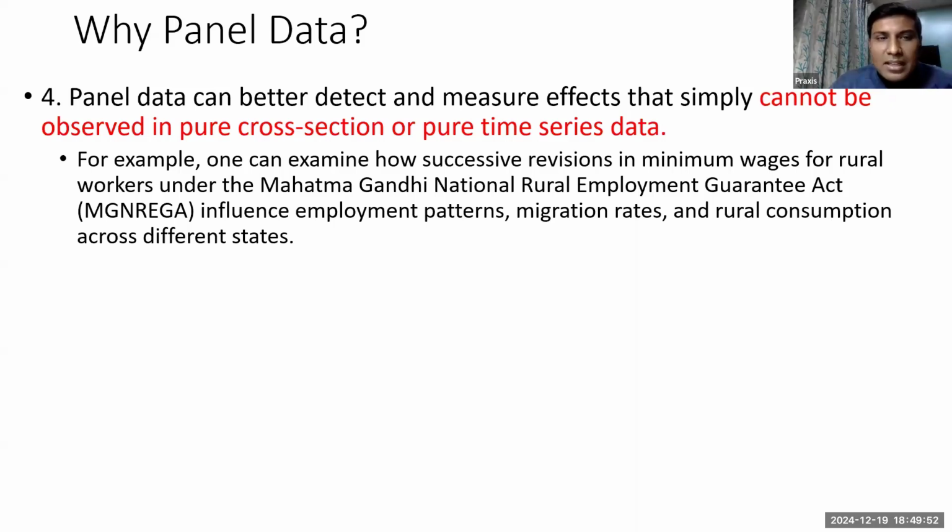For example, you might be interested in examining how successive revisions in minimum wage under the Monrega Act influence employment patterns, migration rate, and rural consumption across different states. Here you need not restrict yourself only to the time series pattern or the cross-sectional pattern, but if you combine both of them, then it will become much more robust and comprehensive for your analysis, right?